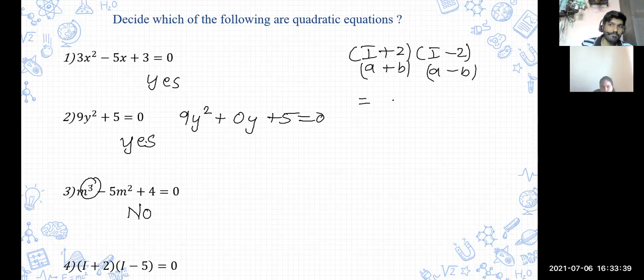Can you tell me? So I will have to write it in the form of A square minus B square. A is I, so I square minus, what will be B? 2 square.